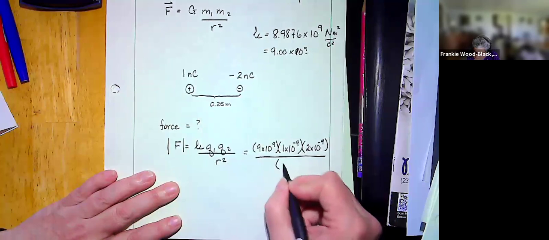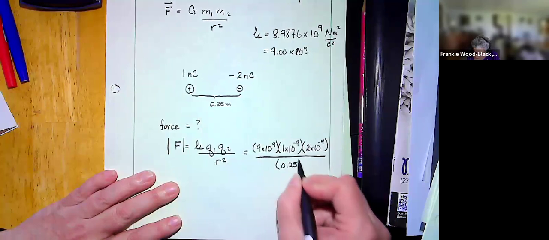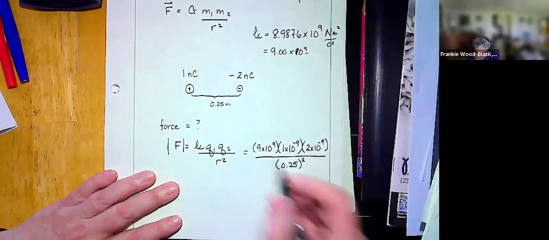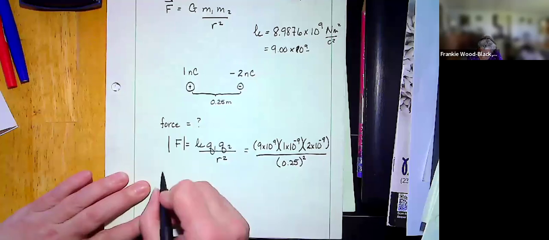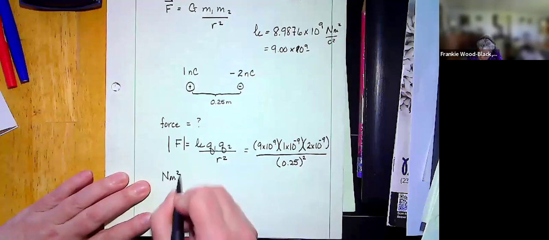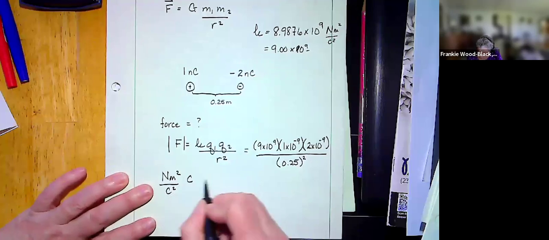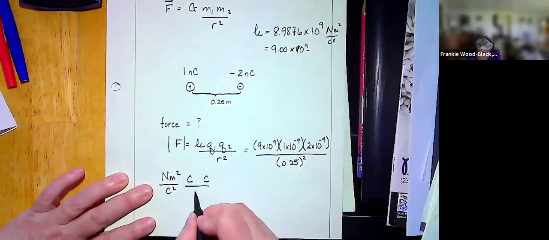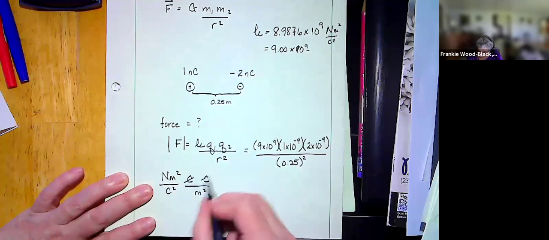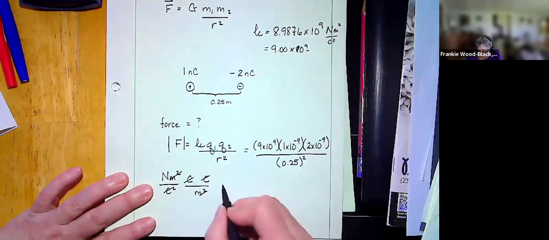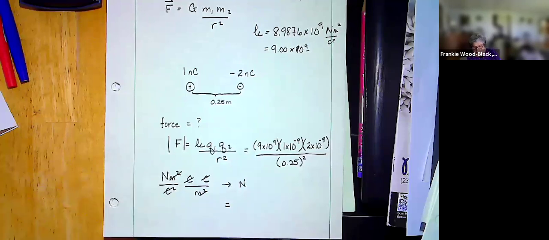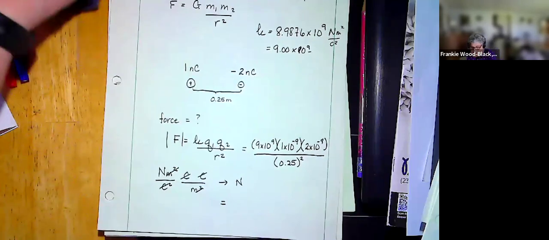And then this is going to be my 0.25 squared. Let's look at our units. I have newton meters squared per coulombs squared. Coulomb times coulomb divided by meters squared. These cancel, that cancels, and I'm left with newtons. So this is all good. And now I'm going to be able to do that calculation.